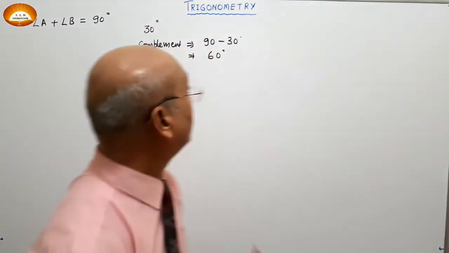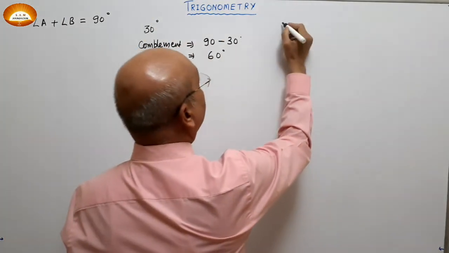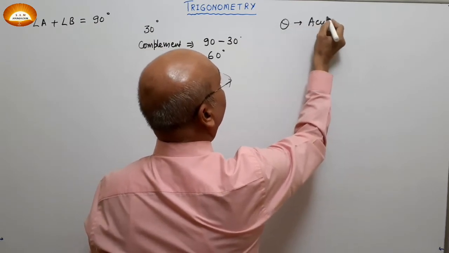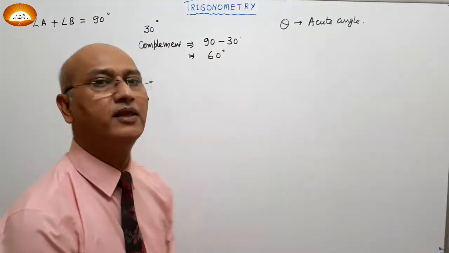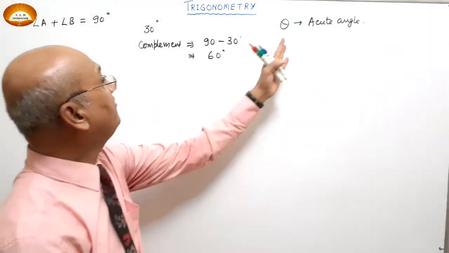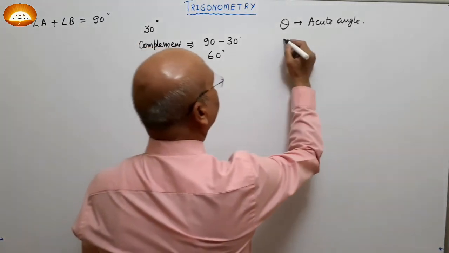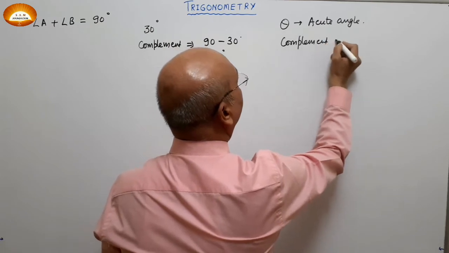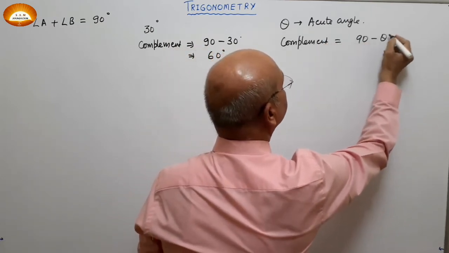Okay. Now let us take one angle theta, which is an acute angle. If I have to find the complement of this theta, so again I am finding the complement, it will be 90 minus theta.